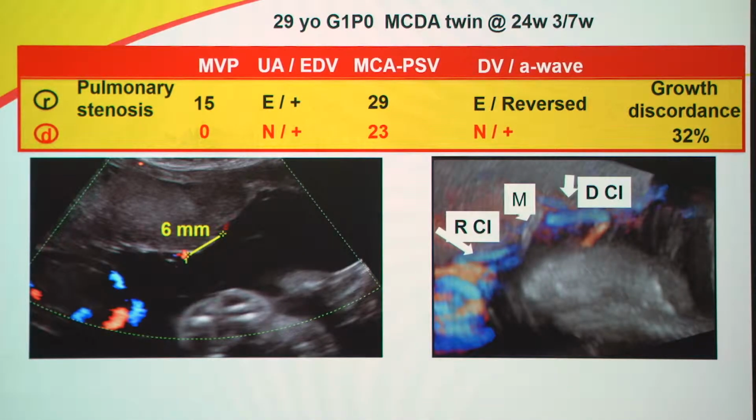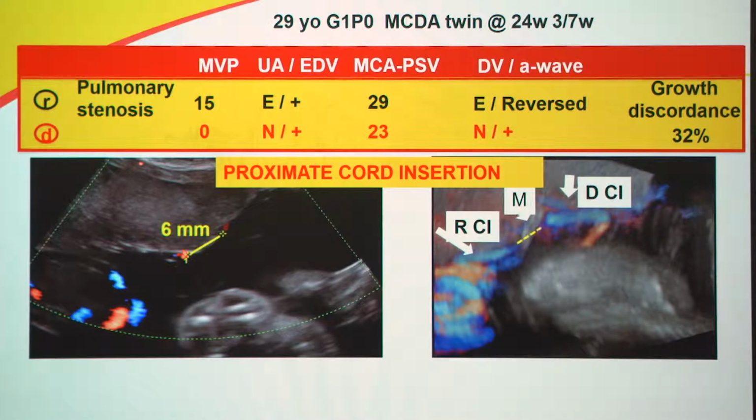As you see on the screen on the left, this is the two-dimensional view of the close cord insertions. On the measurements, you see that the difference between both cords was only 6 millimeters, which is a quarter of an inch. On the right of the screen, you see the three-dimensional appearance of the same image. M represents membrane, D represents donor cord insertion, and R represents recipient cord insertion.